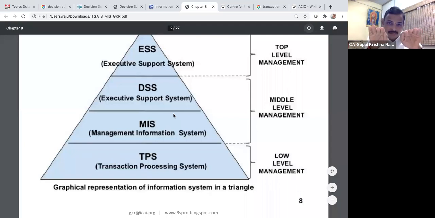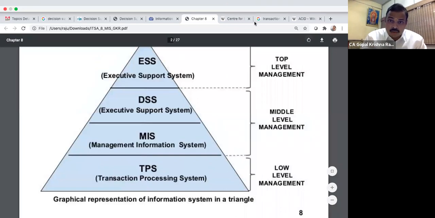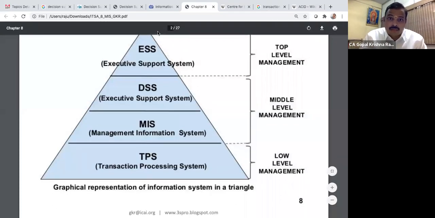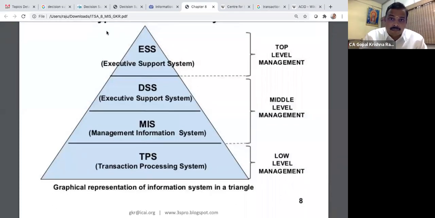We will just presume for some time that MIS and DSS are on the same platform, or DSS is one step above. So I have to give you a practical understanding about how these two are useful for an organization or a corporate structure, and from where they will get the information.